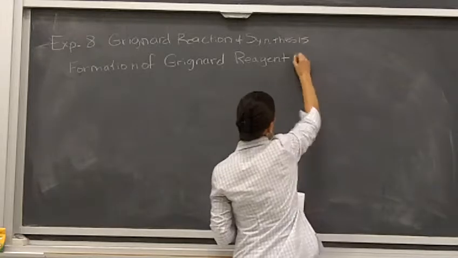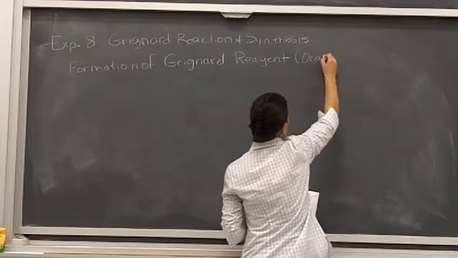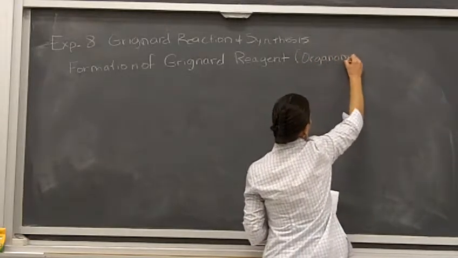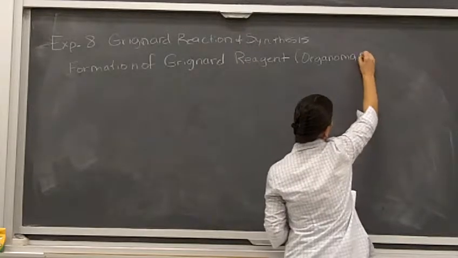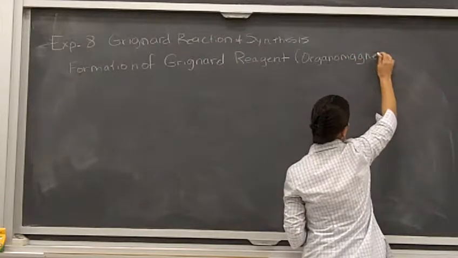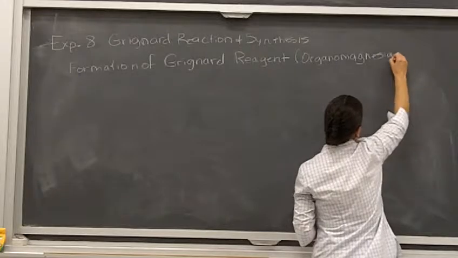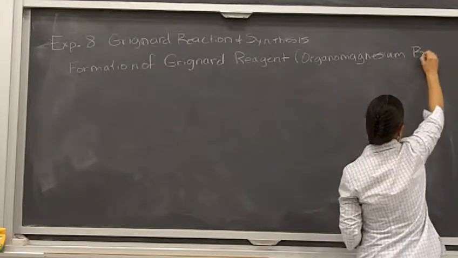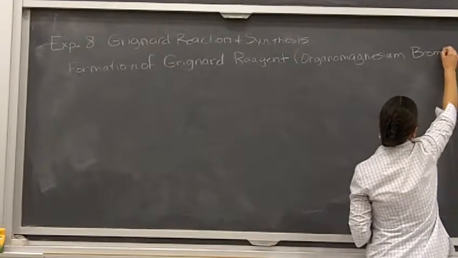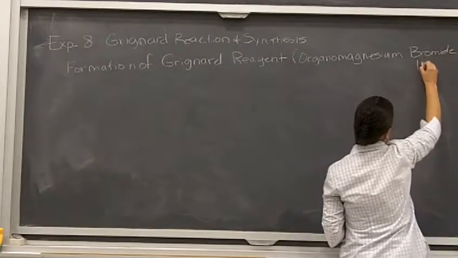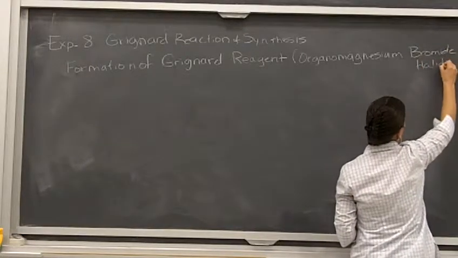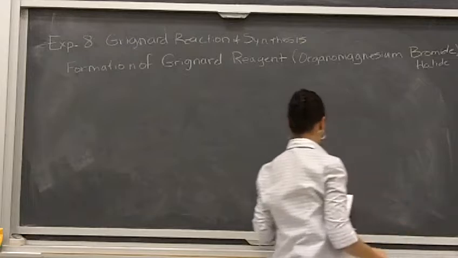Now our Grignard reagent is an organomagnesium, in our case bromide, but it could be other halides, okay? So we're using a bromide, but it's possible that it could be another type of halide, all right?